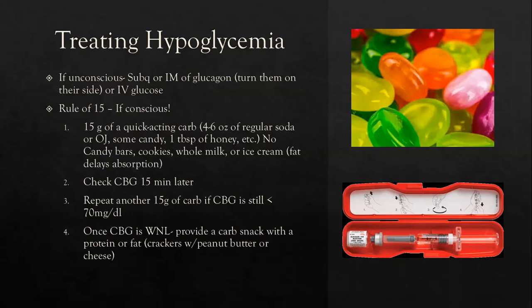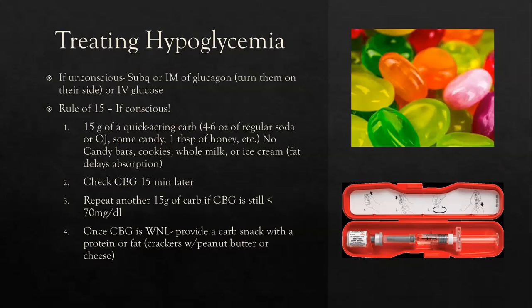Or you can do IV glucose. Usually the IM glucagon, a diabetic would carry that around. IV glucose would be more in the hospital setting. If they are with it and they are talking to you, you are allowed to do the rule of 15. So if they have a blood sugar level below 70, you're going to do 15 grams of quick acting carbs. Not candy bars, not cake, not ice cream, nothing with fat.